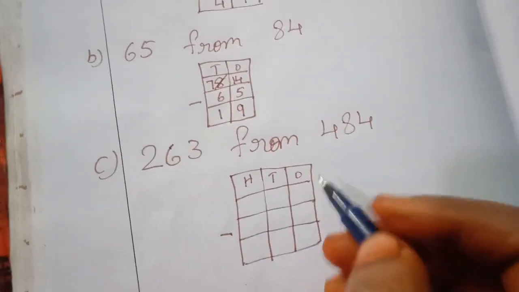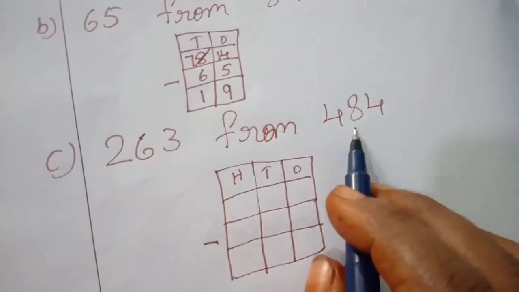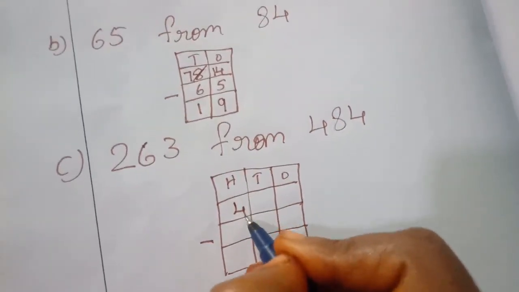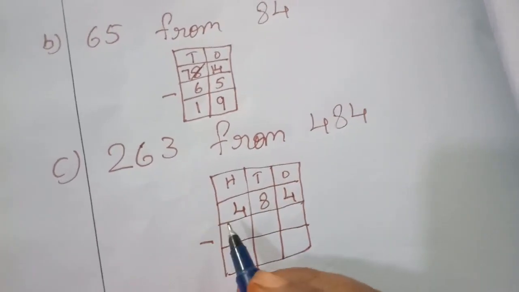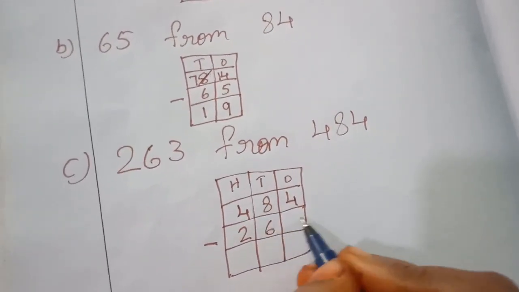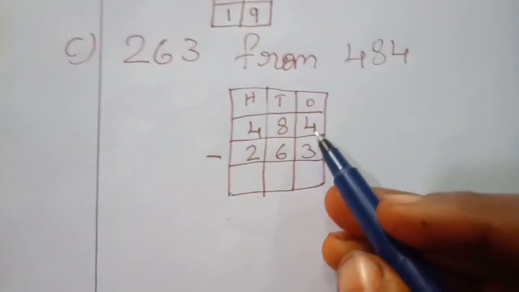Here minus symbol. See, 263 from 484. 484 you should write first. After that down you should write 263. Understood children?